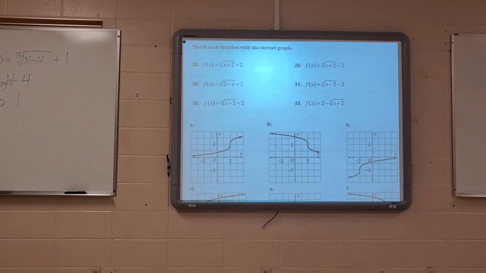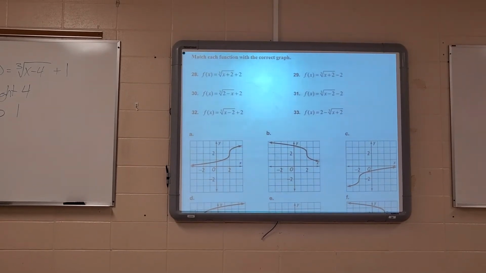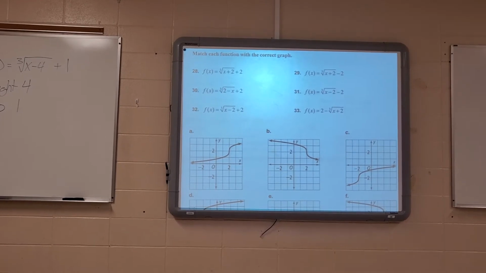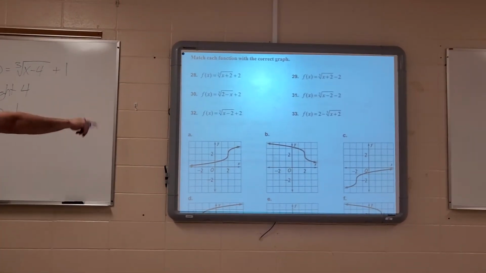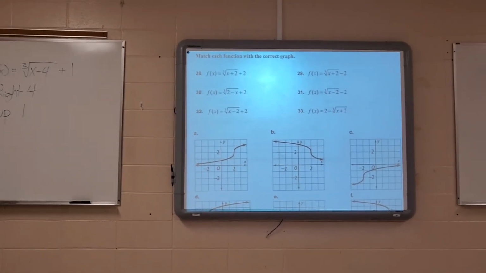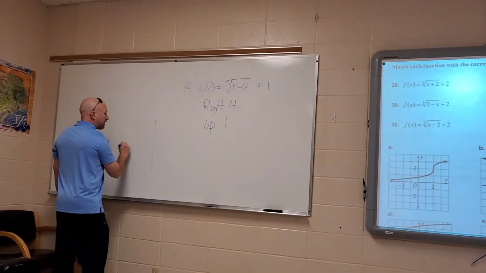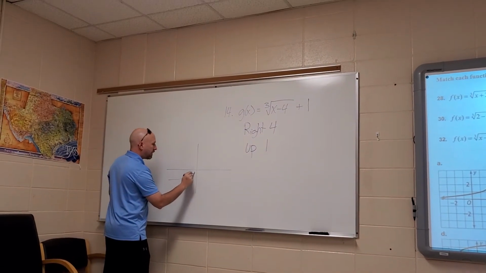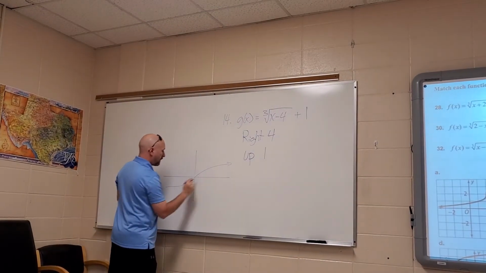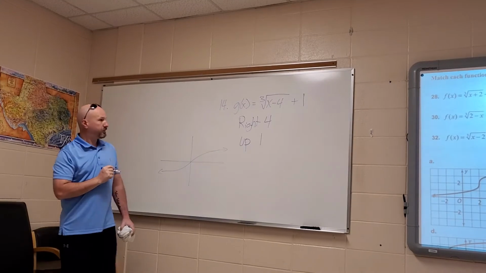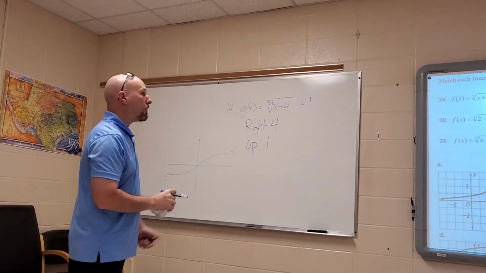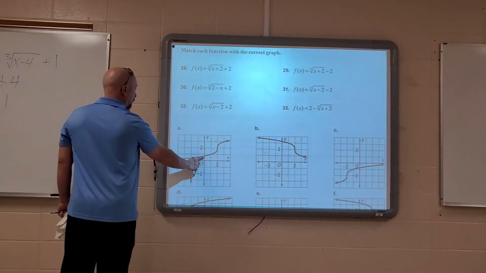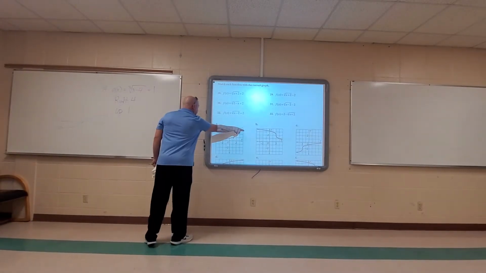Okay, so here's the other part where we're matching these graphs with the transformations. So here's the graph of the cube root, the parent function. It looks like that. Okay? So this one right here looks like it's moved up and to the right.